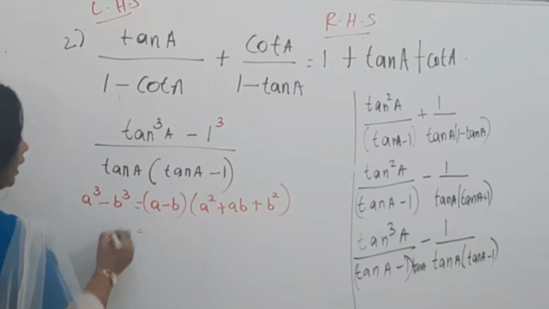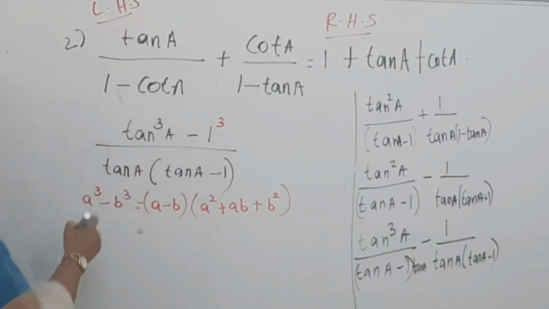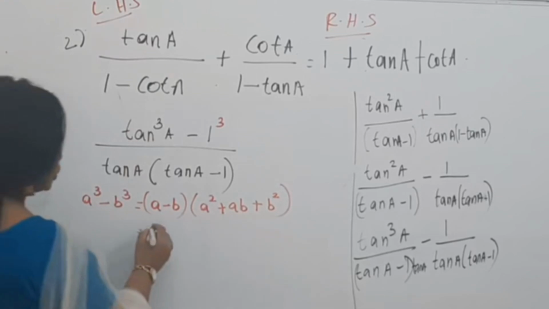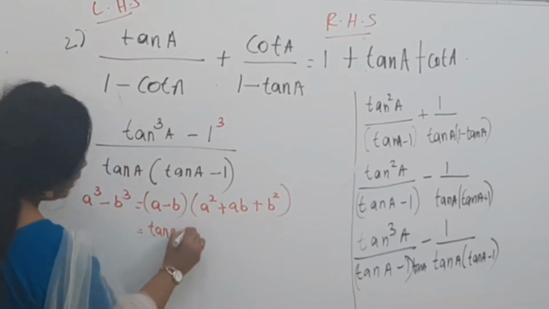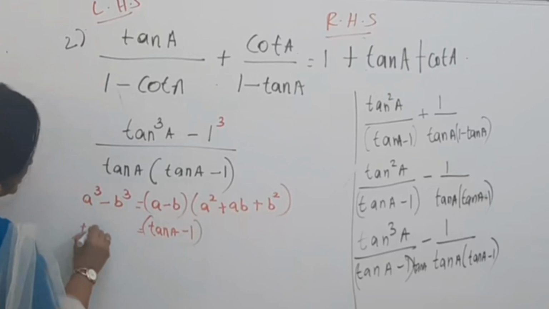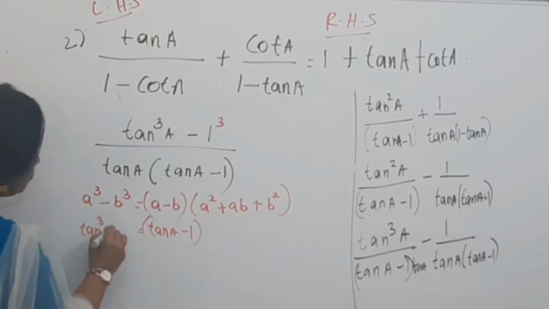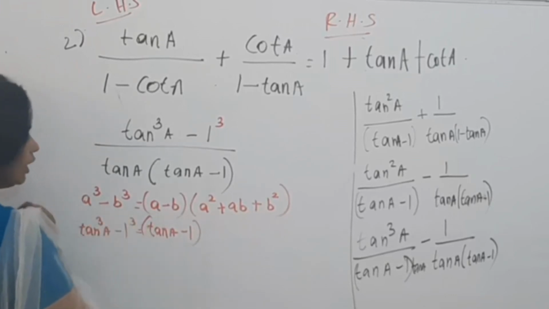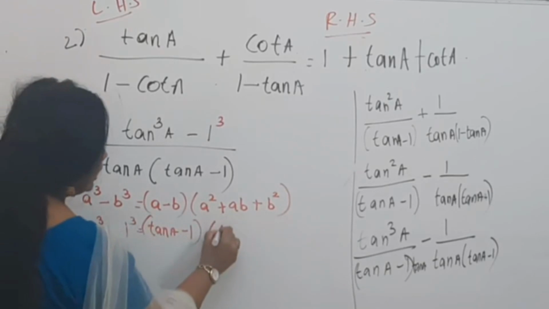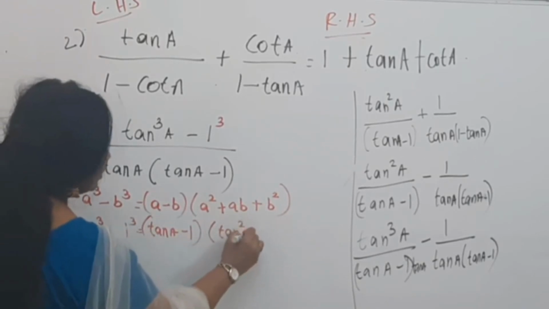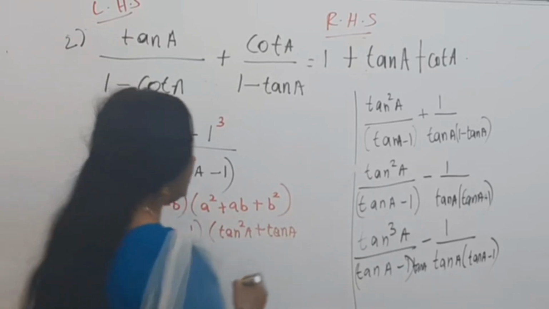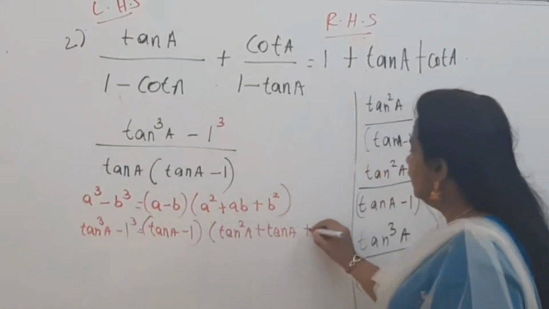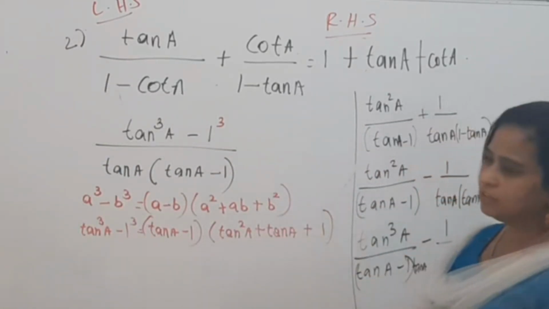So, what is my a here? A is tan a and b is 1. So I would have tan a minus 1. This is tan cube a minus 1, that is 1 cube. So, minus 1 into tan square a plus tan a into 1 plus b square, that is 1 square, which is 1.